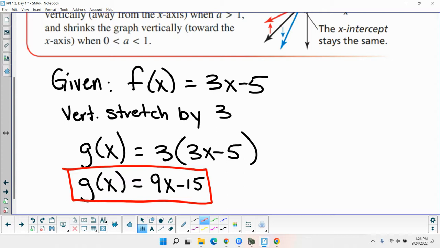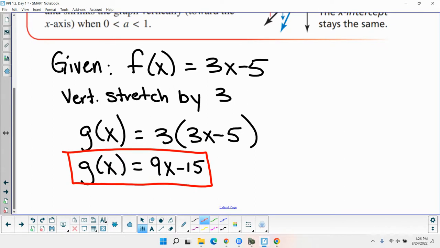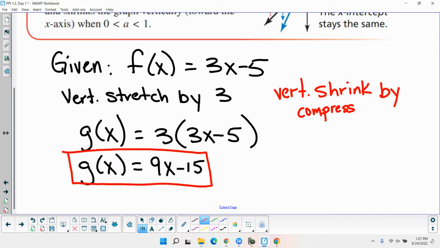If we compress it or shrink it, again, those are interchangeable. Compress or shrink, okay? This number is between 0 and 1, some fraction or decimal.